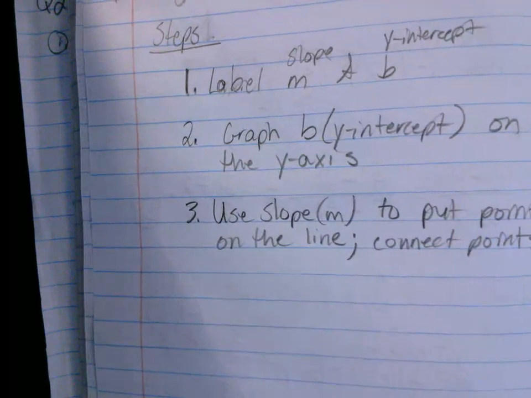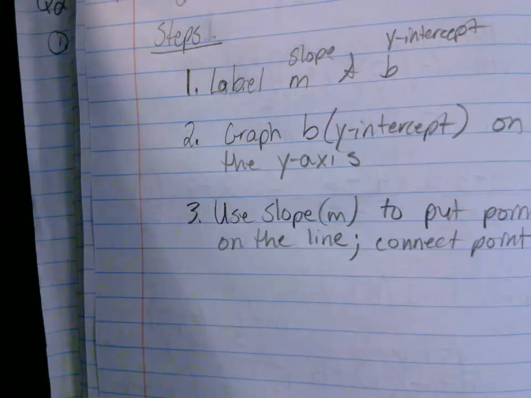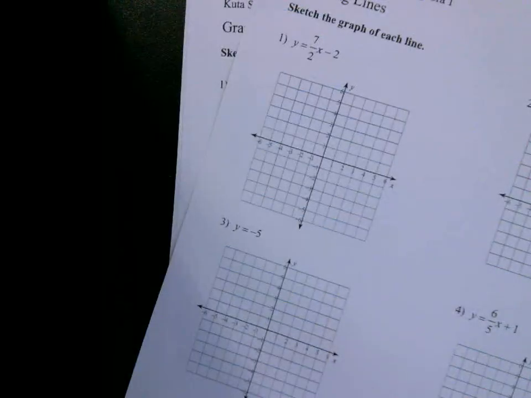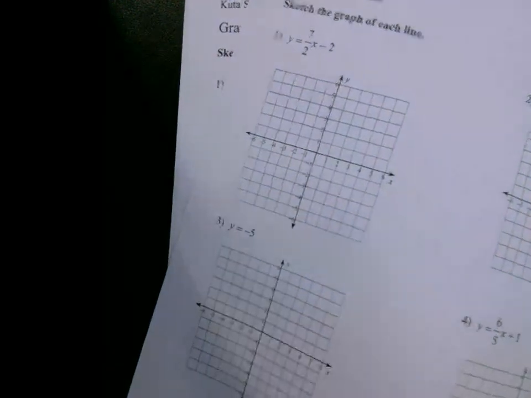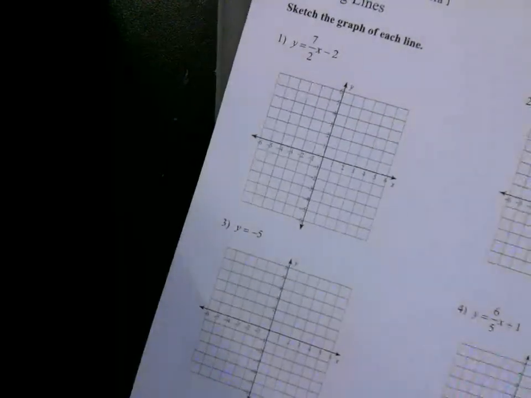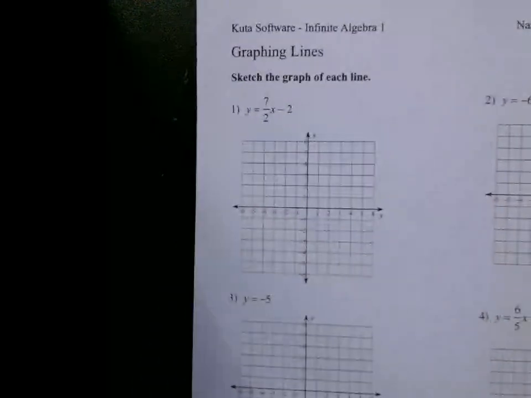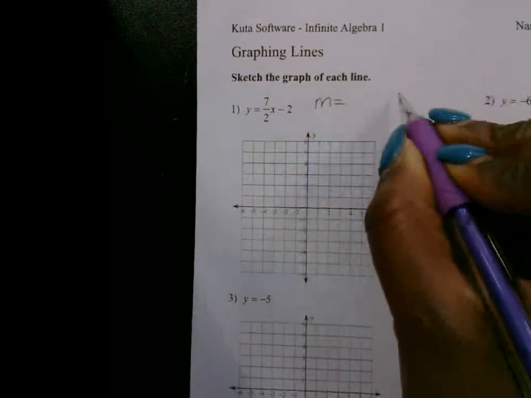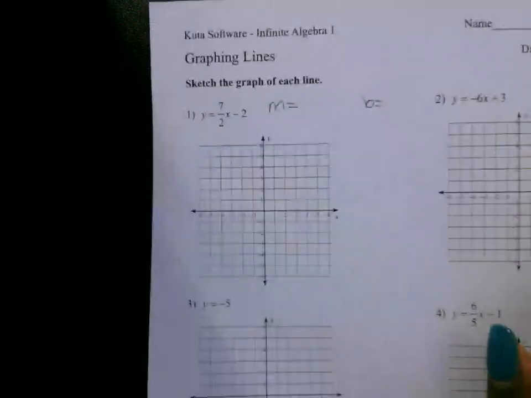Draw a straight line through those points. I'll do some examples and then paste in our notebook, okay? All right, so step number 1, we wrote in our notebook, we label our M and our B. Please do that.